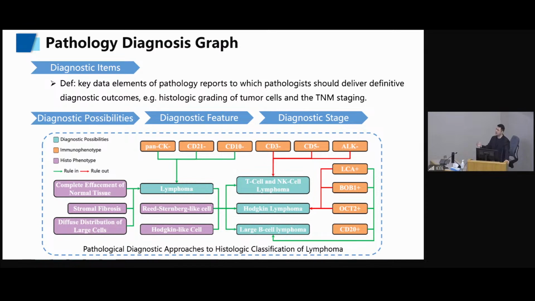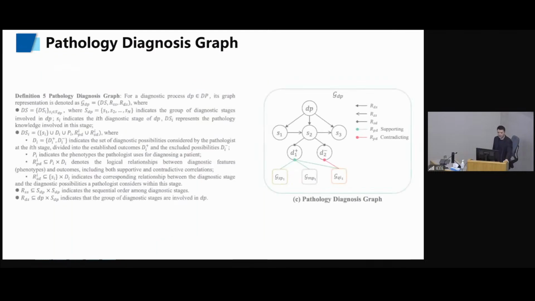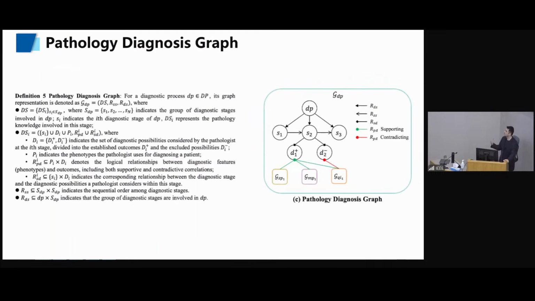In the remaining stages, the pathologist would involve more phenotypes to narrow down the range of diagnostic results until they get the most specific one. So we define a pathology diagnosis graph to represent such a diagnostic approach.